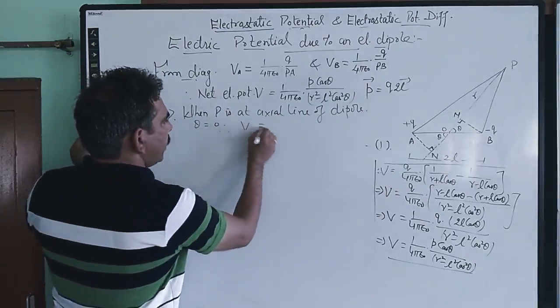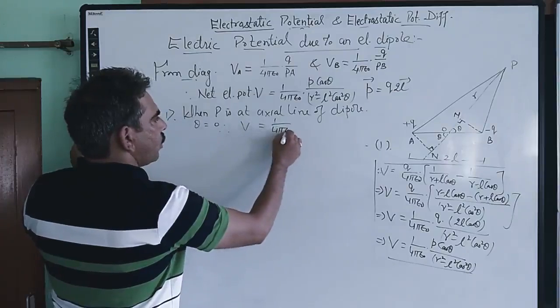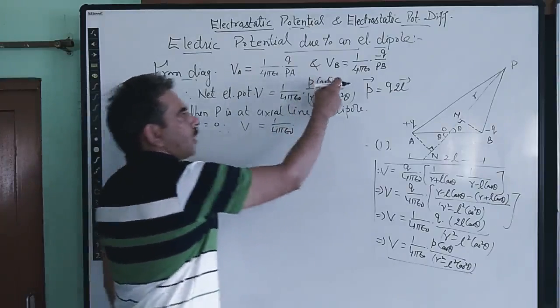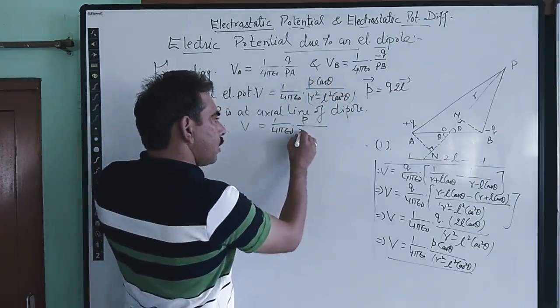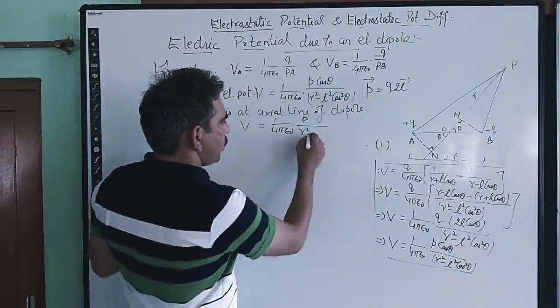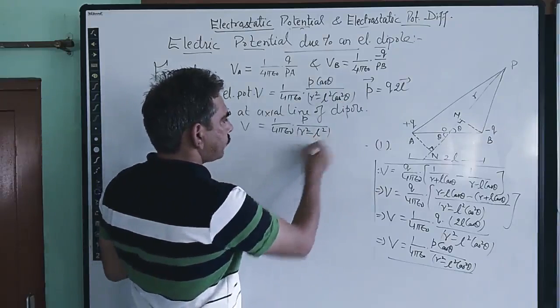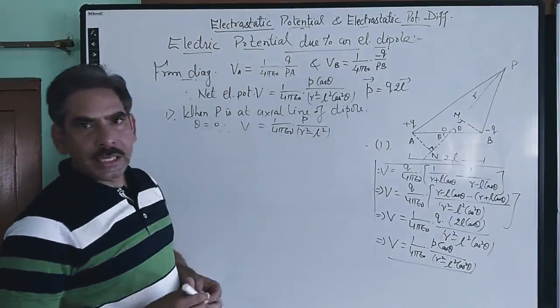So therefore V, the potential at the axial line, becomes equal to 1 upon 4 pi epsilon naught into P cos 0. Cos 0 means 1, so it is simply P upon, and in the denominator cos square 0 is 1, so it is R square minus L square. So this is the expression for the electric potential at any point on the axial line.